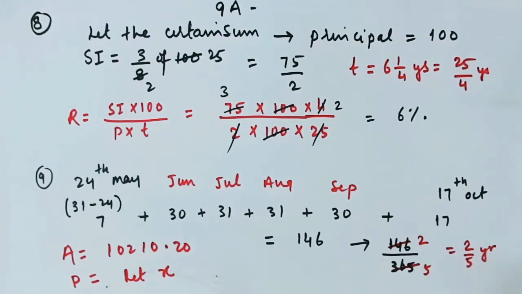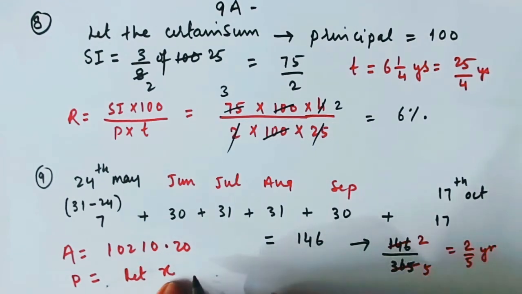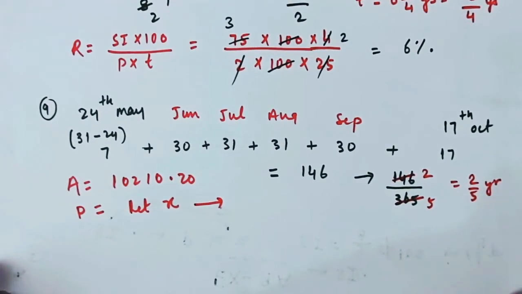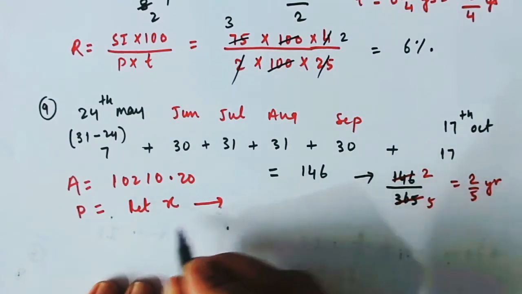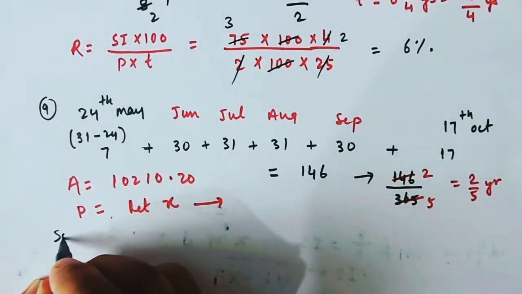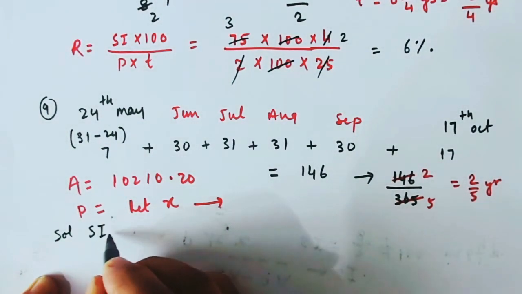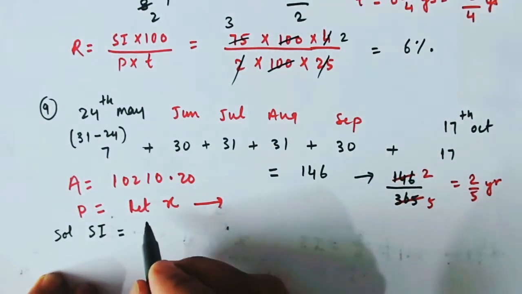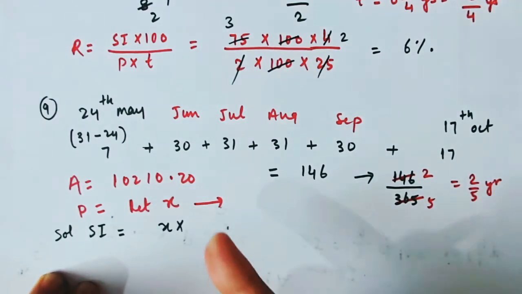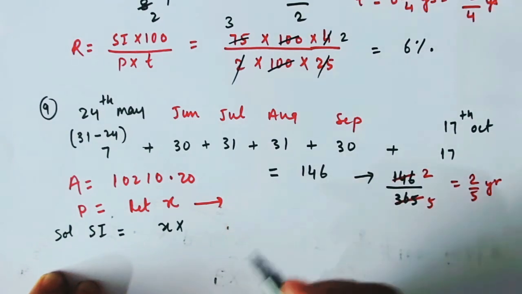So now you have the amount, you have the principal. Clear? When you have the principal, can't you find the simple interest? Let us find the simple interest. The same formula you have, PRT by 100. So the simple interest is equal to PRT by 100. They have given you R also.